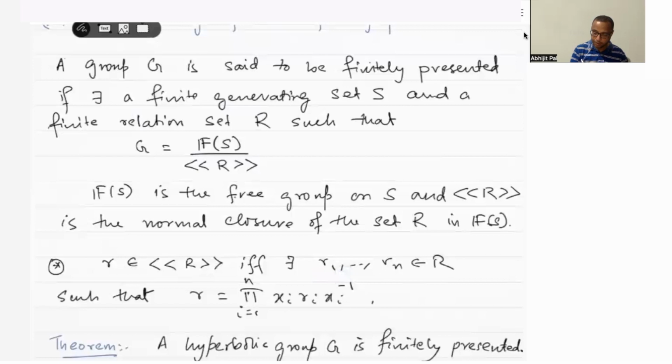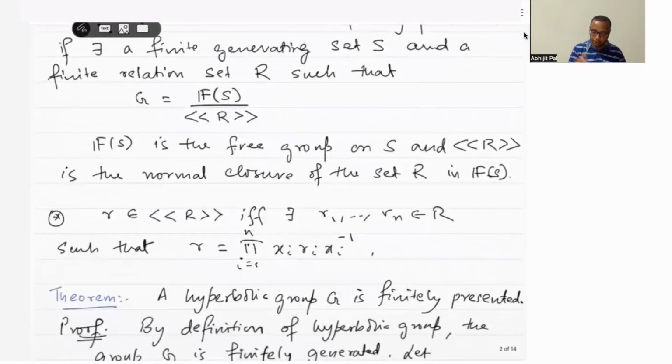So r is equal to the product of xi Ri xi inverse, where i runs from 1 to n. And conversely, if an element can be written as a product of these conjugates, then r will belong to the normal closure containing the set R. So this is a simple observation. You must have learned this in group theory.